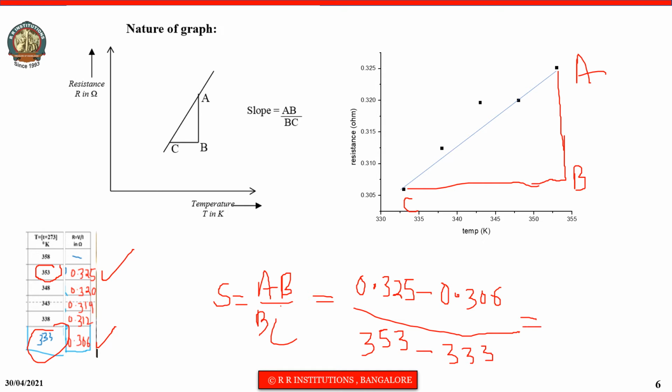If we calculate this, the difference comes out to be 0.019 divided by 20. So the answer is 9.5 into 10 to the power of minus 4. So this is the slope.